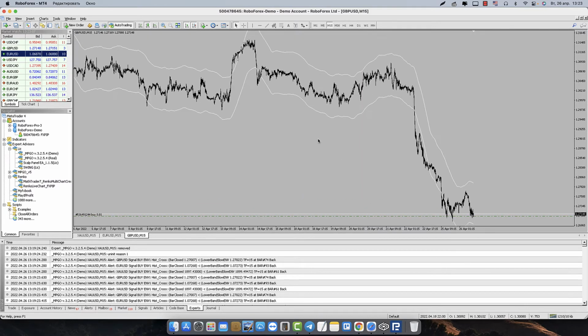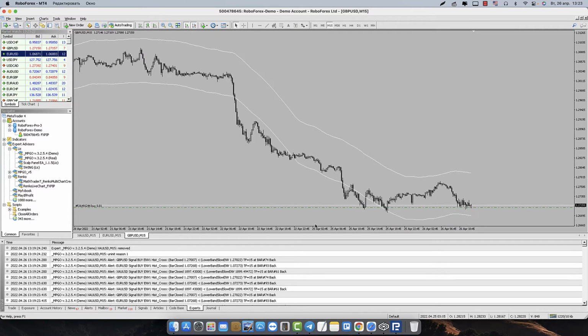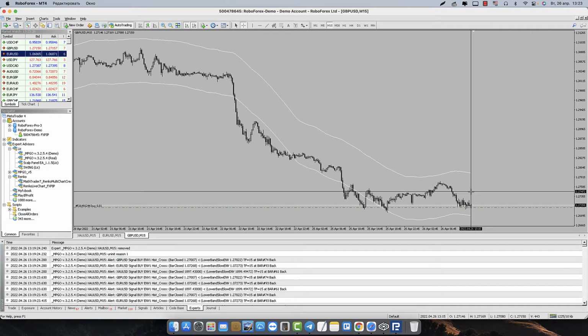And GBP/USD, let's take a look. I also see there was no sell cross, but here some bars closed below the lower band slow envelope, and let's find which one the robot found on GBP/USD. Where is this bar? GBP/USD tells us 74 bars back.